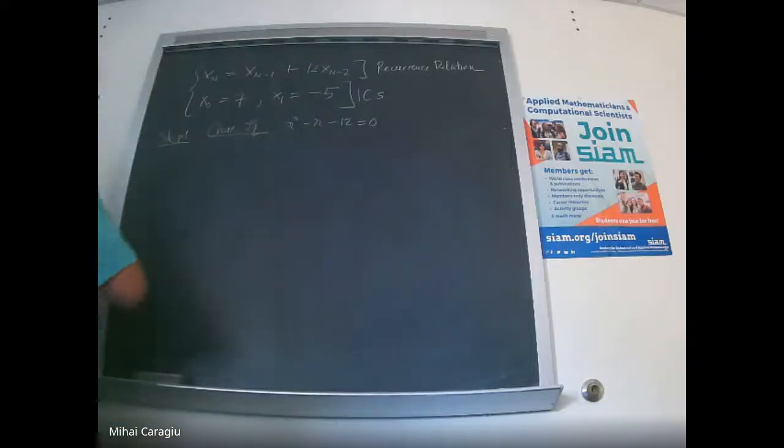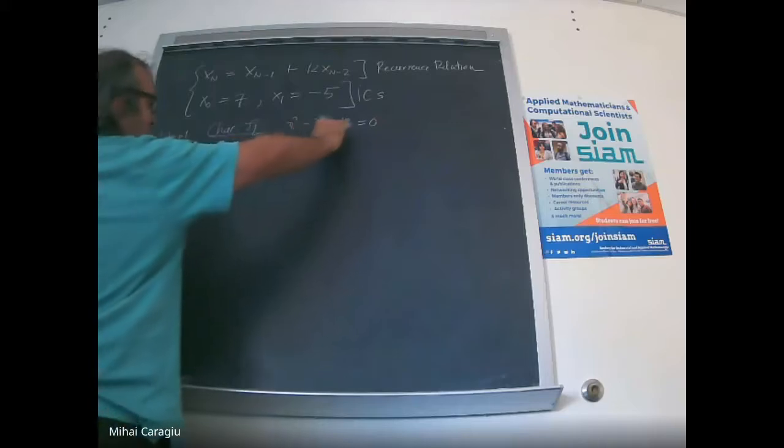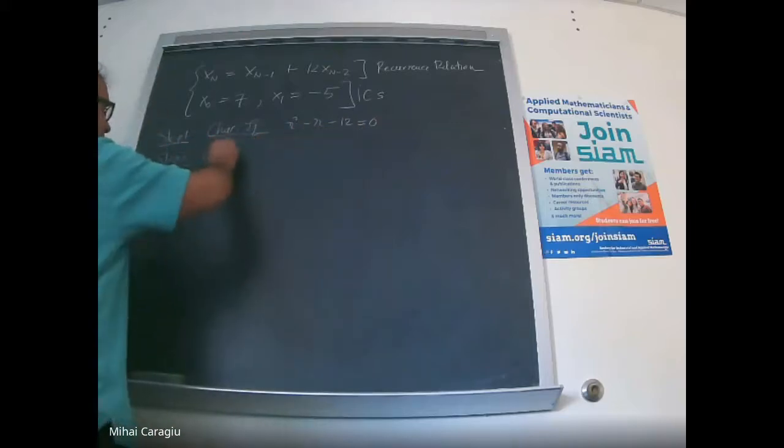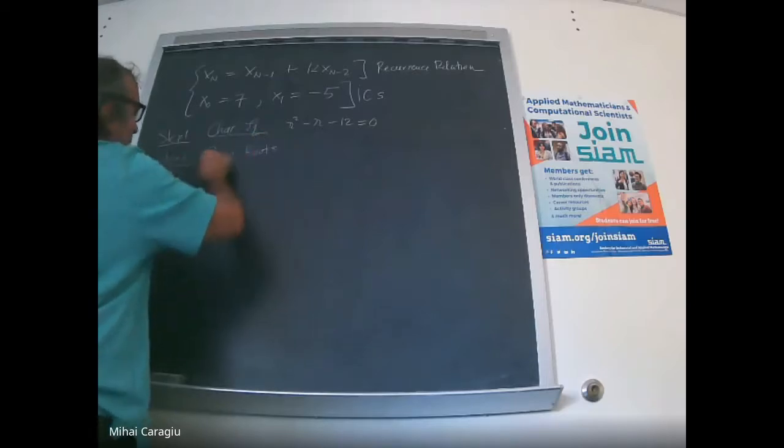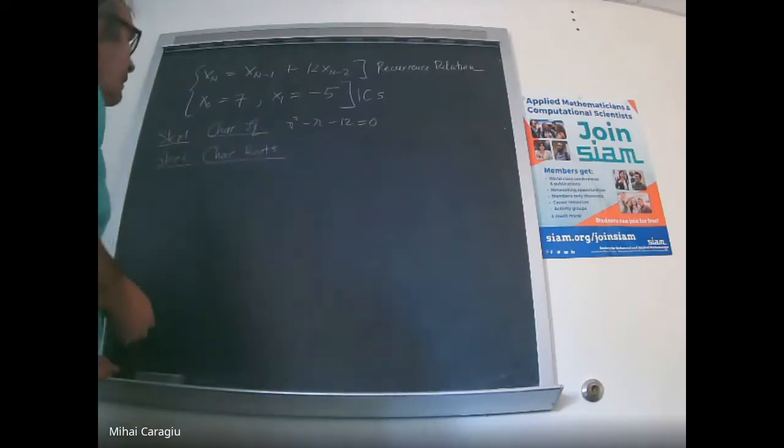Step 2. Now that we got the characteristic equation, we have to solve it. So solving the characteristic equation amounts to finding the characteristic roots. For the characteristic roots, we either apply the quadratic formula for an equation of degree 2 or we factor.